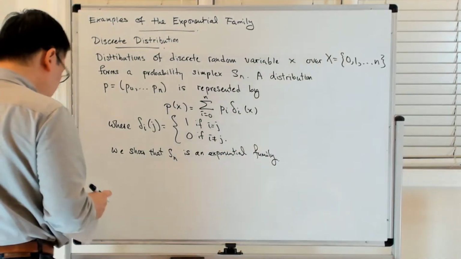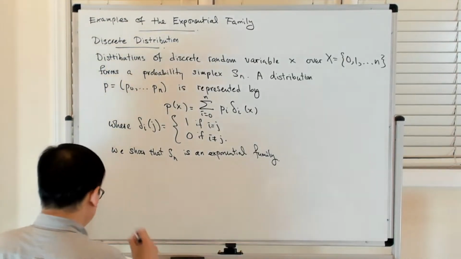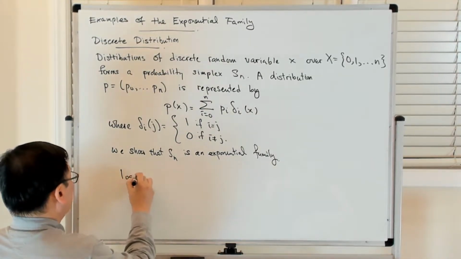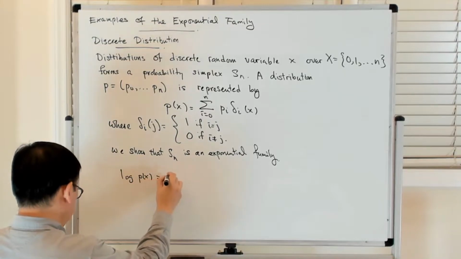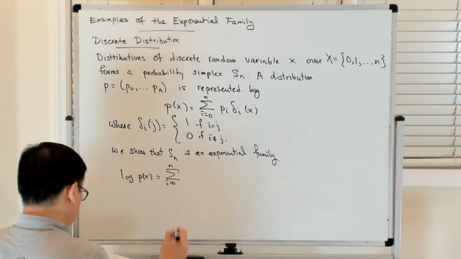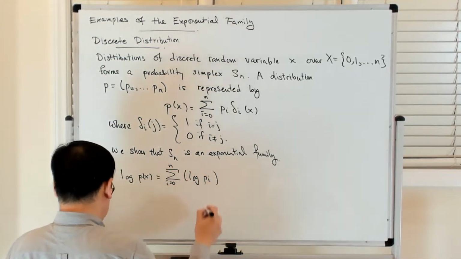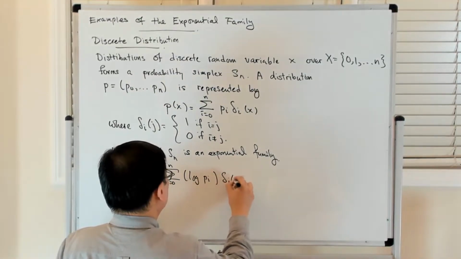So how do you do that? Let's take the log of this. So log of p of x is equal to the sum from i equals 0 to n of log pi delta i of x.